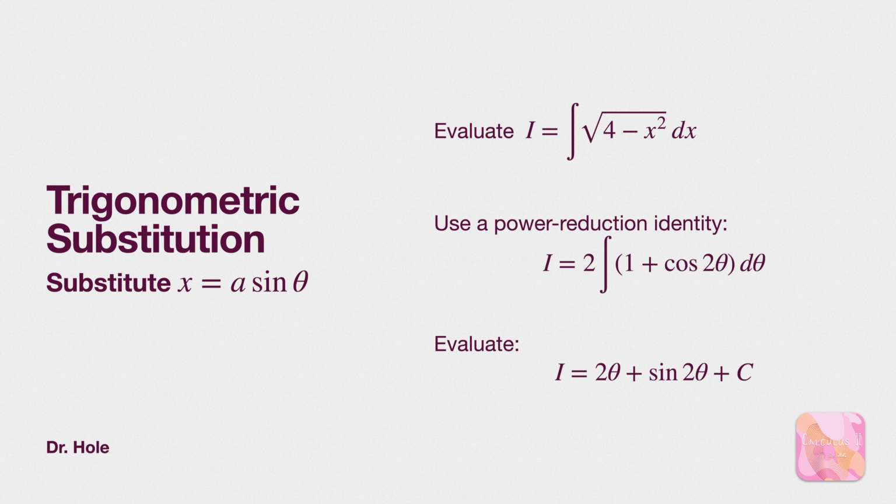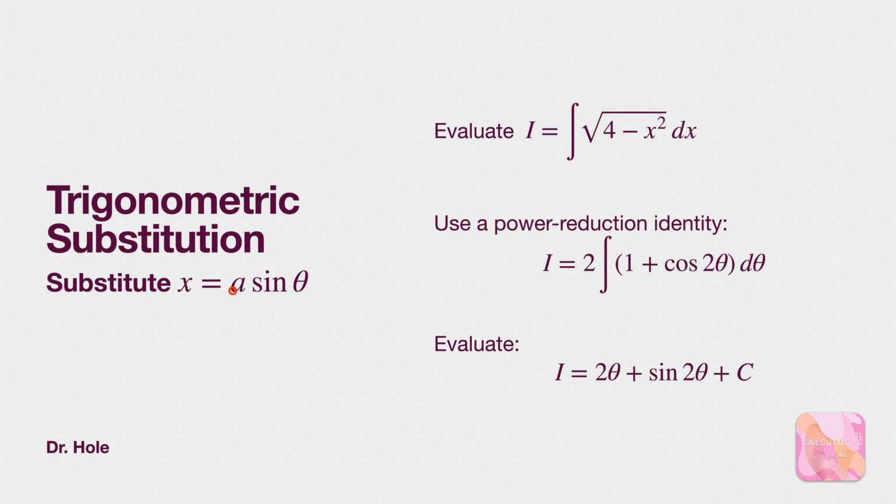And we're producing something in theta. Yet, we need to go back and look. The original variable was x. So we need to use our substitution identity, x equals a sine theta, to convert thetas back into x's.